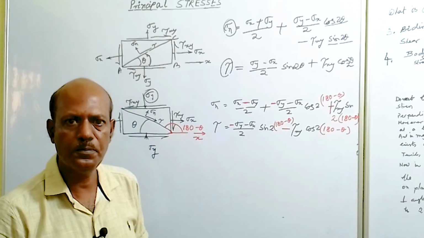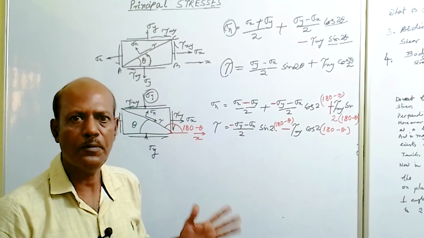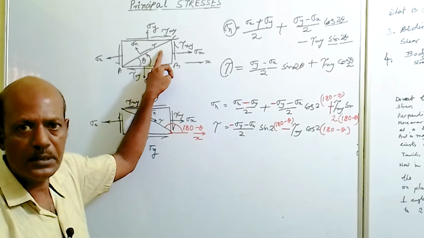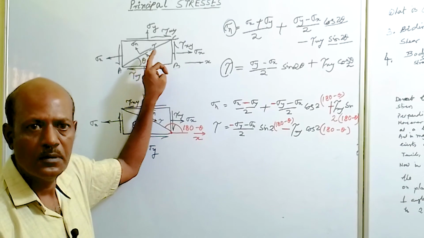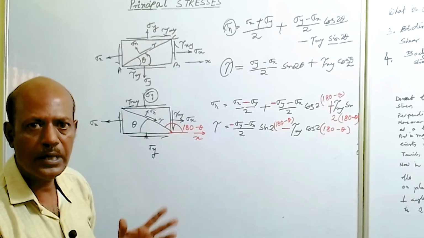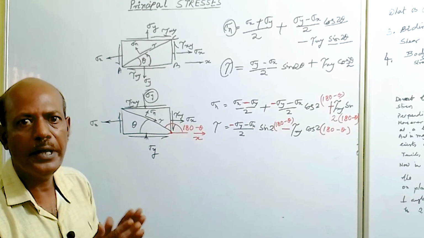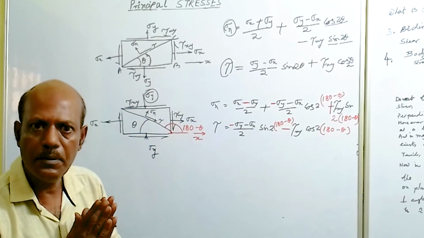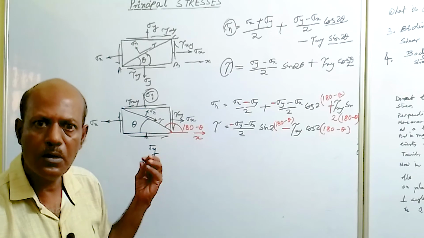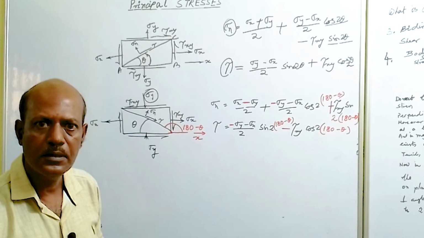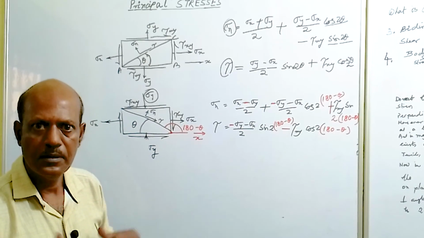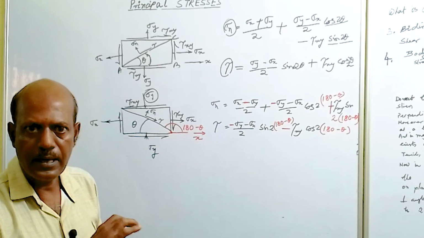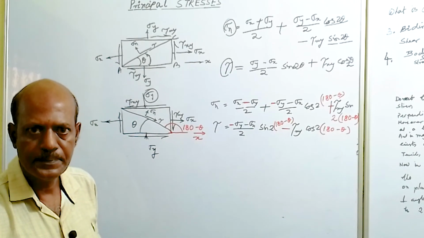So I hope some of your doubts are clear. By remembering this case, we can develop the formula for any case. By varying, we only have to remember the sign conventions for direct stress as well as shear stress, as well as the angle of the inclined plane we are considering.